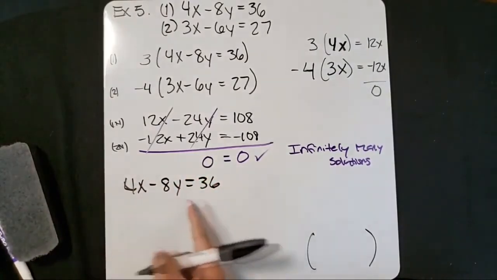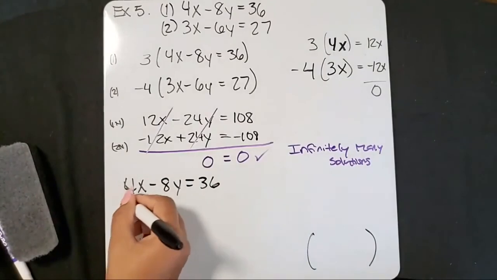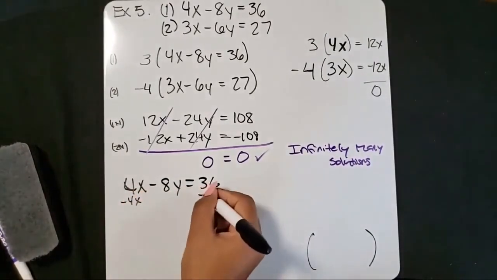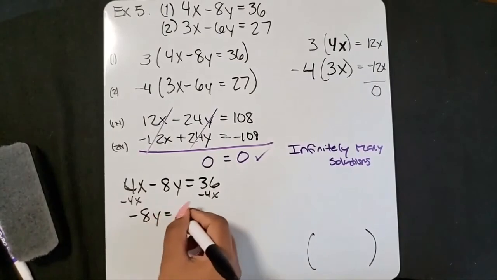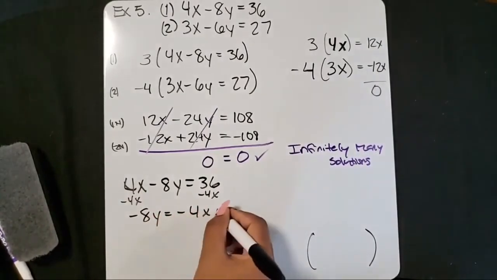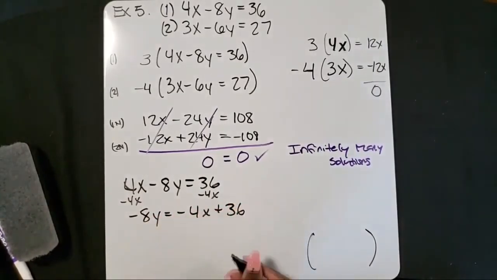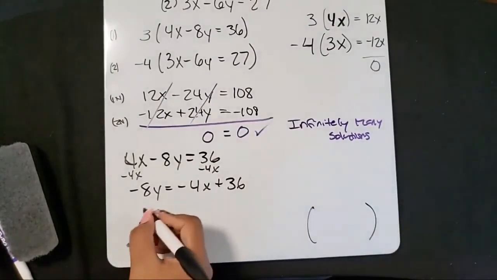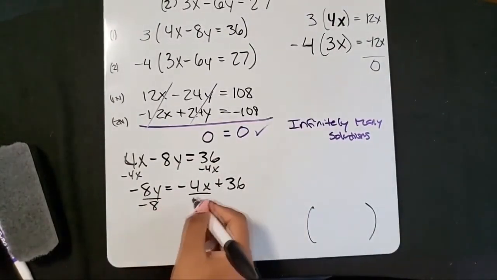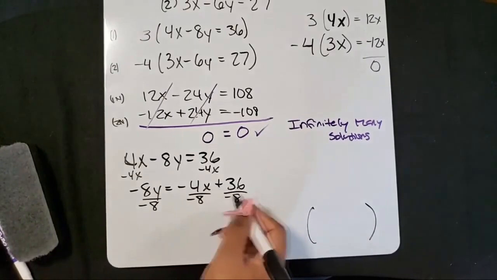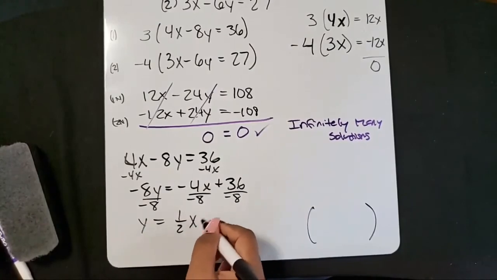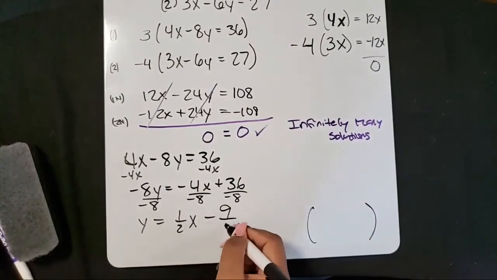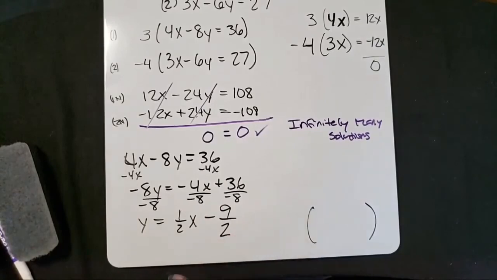We subtract 4x on both sides, and we have negative 8y equals negative 4x plus 36. We divide everything by negative 8, so y equals 1/2 x minus 9 over 2.